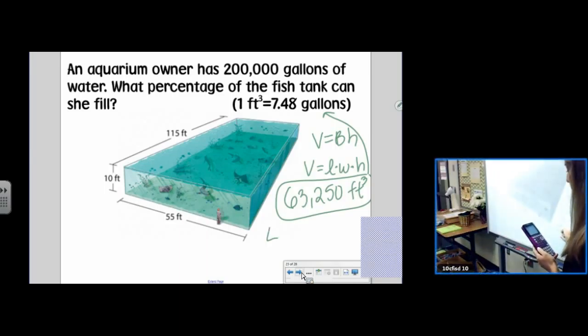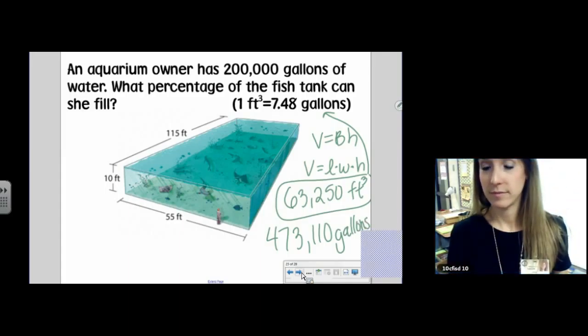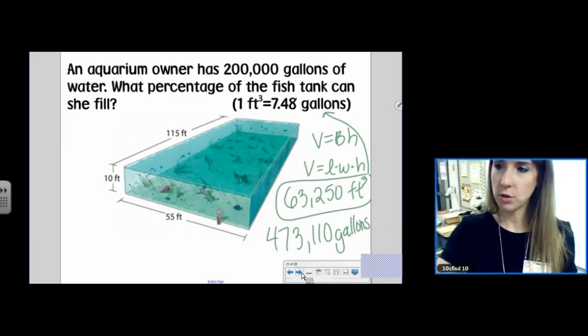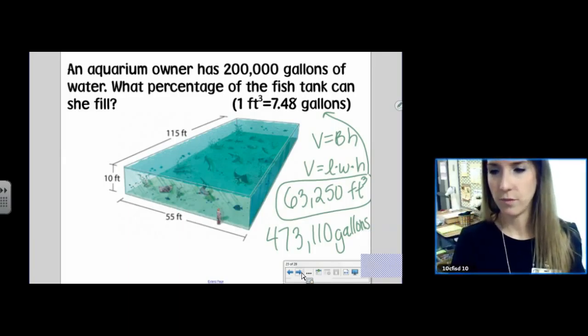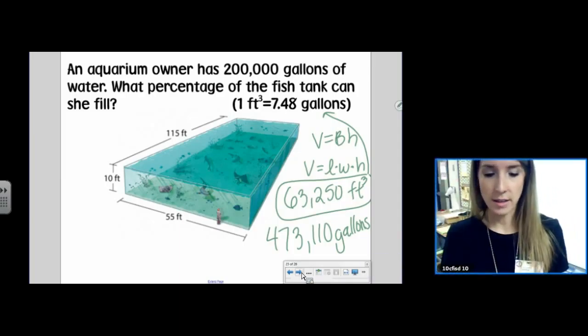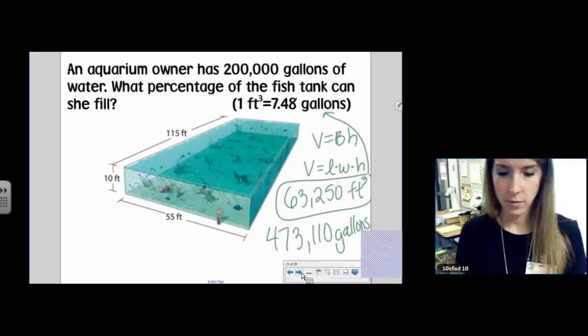So I have 473,110 gallons that I could fill. How do I know what percentage I'm going to fill when I pour 200,000 gallons in there? Well, you take the number of gallons, 200,000, and you divide it by how much it holds, 473,110.